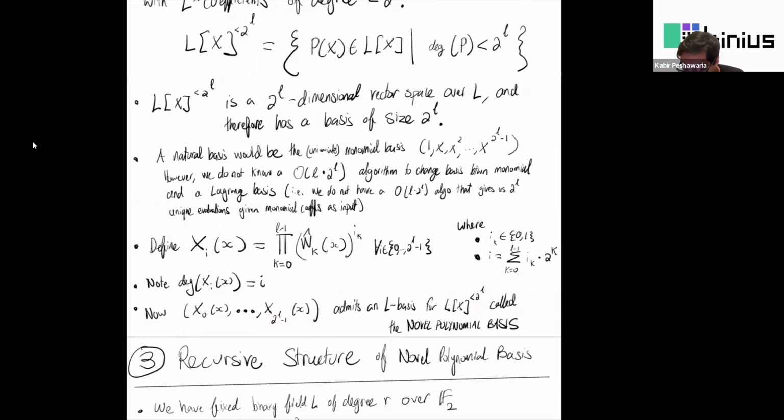Okay, so I have not proven that this is indeed a basis for the univariate polynomials with this degree bound. I have not proven that.